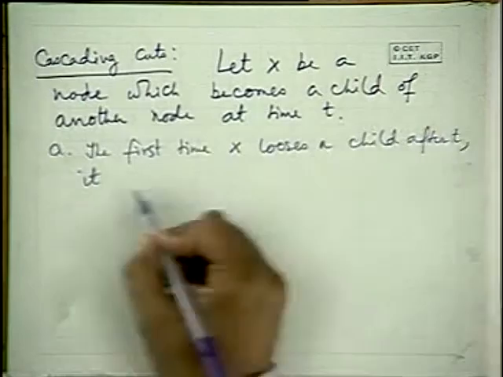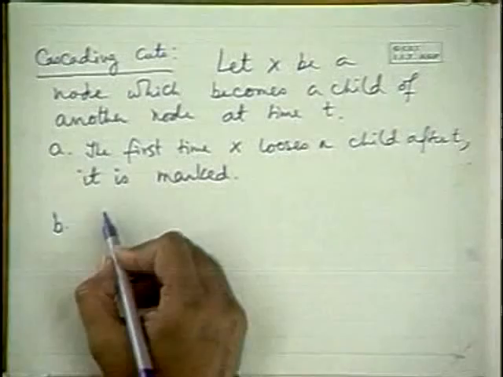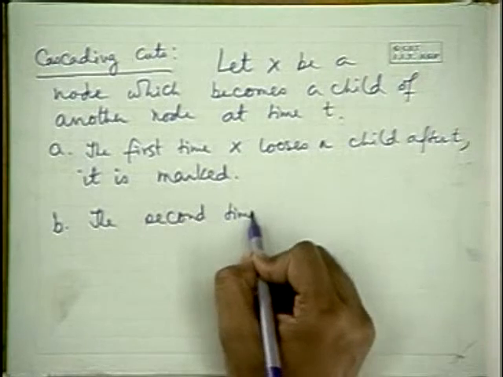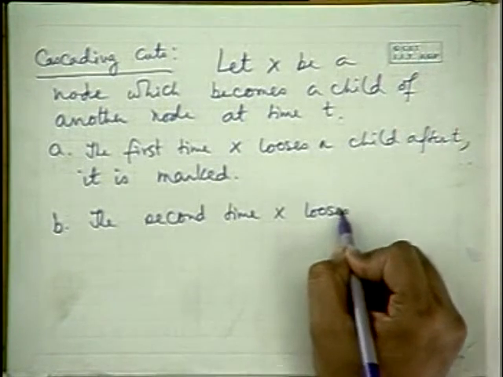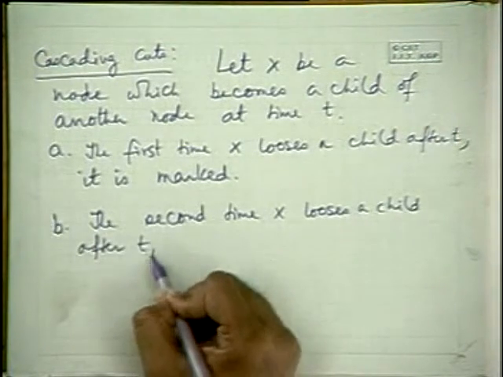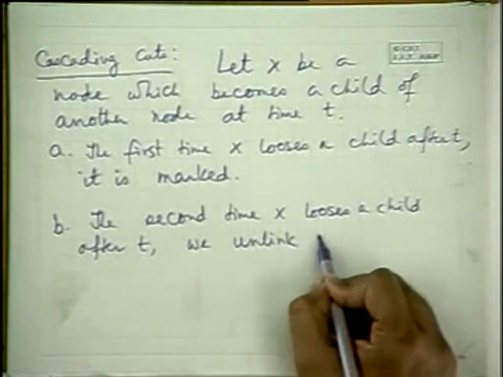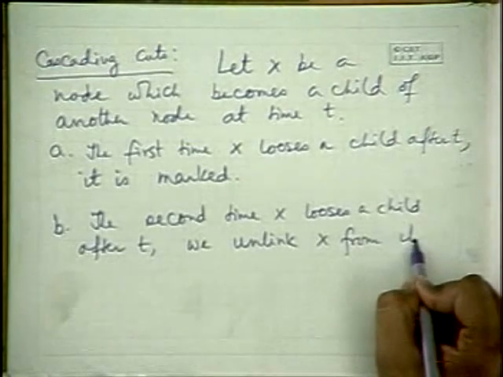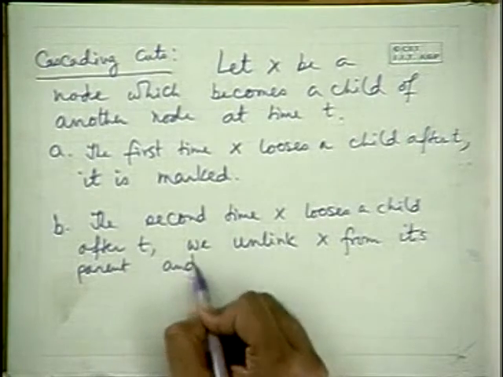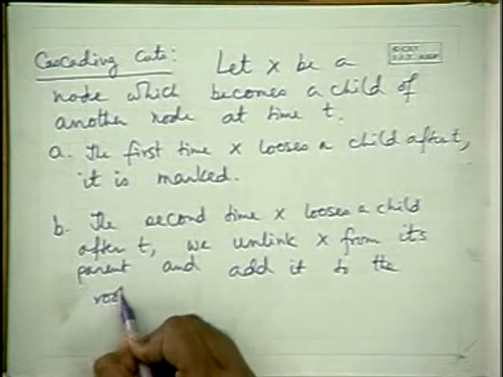Now the marking also comes into the picture. And B, the second time X loses a child after t, we unlink X from its parent, basically cut it from its parent, and add it to the root cycle.